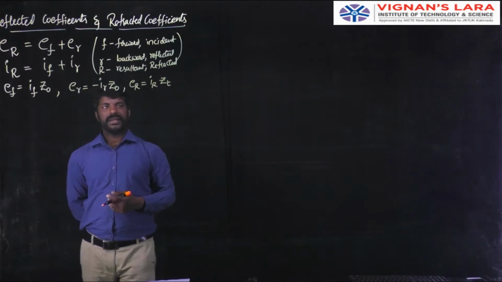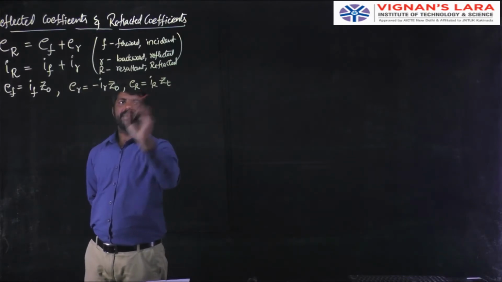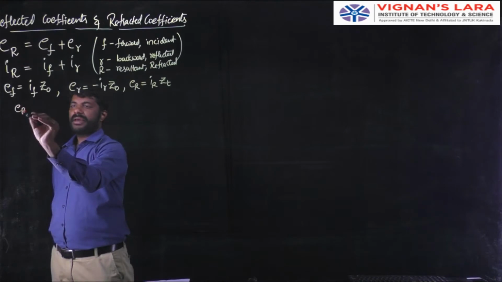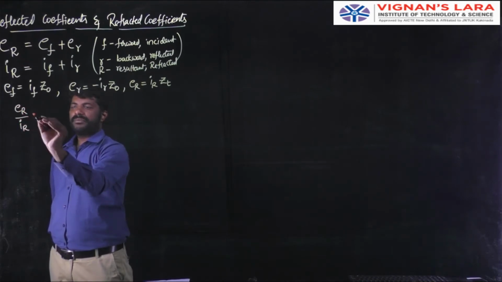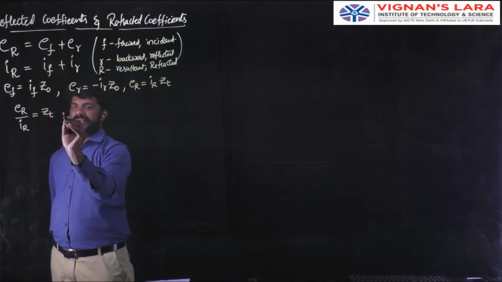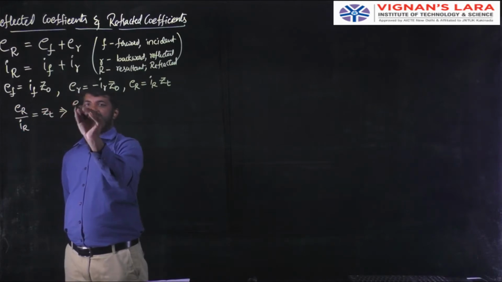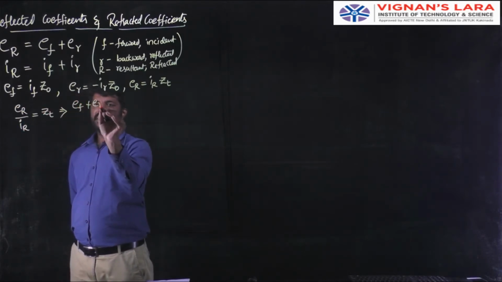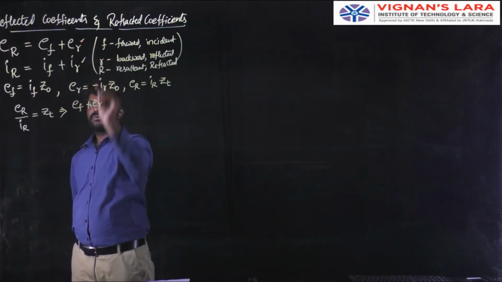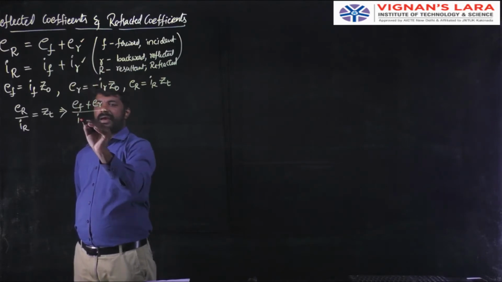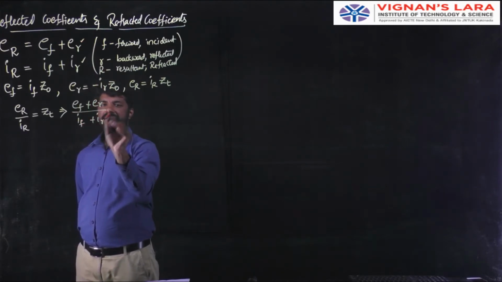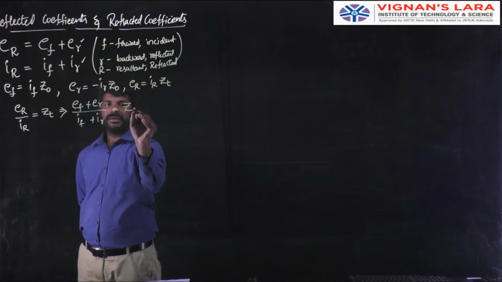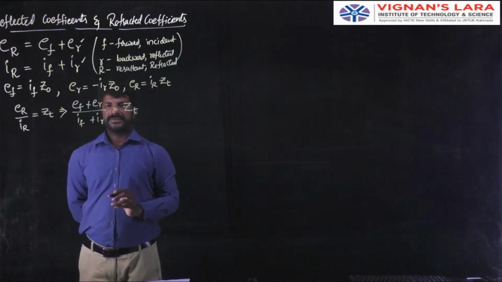Then we can write ZT as E capital R by I capital R, which is equal to EF plus ER divided by IF plus IR. The ratio of these two will be equal to the terminated impedance.